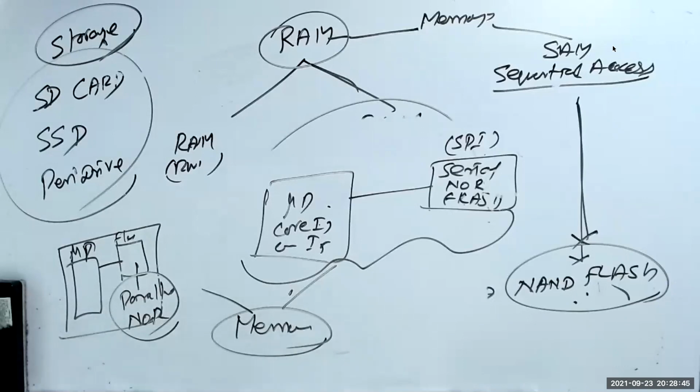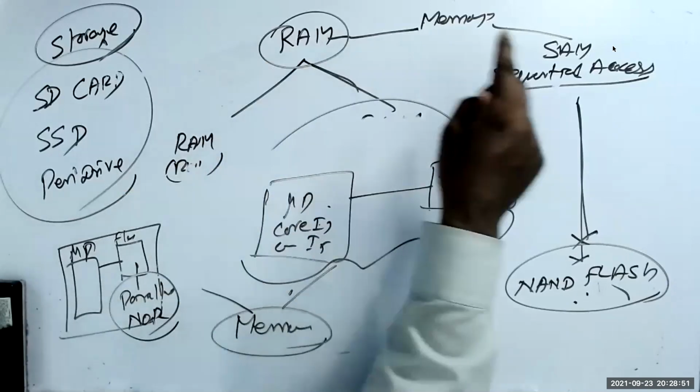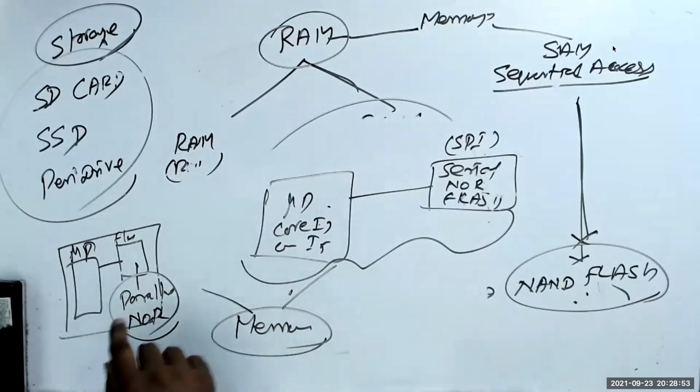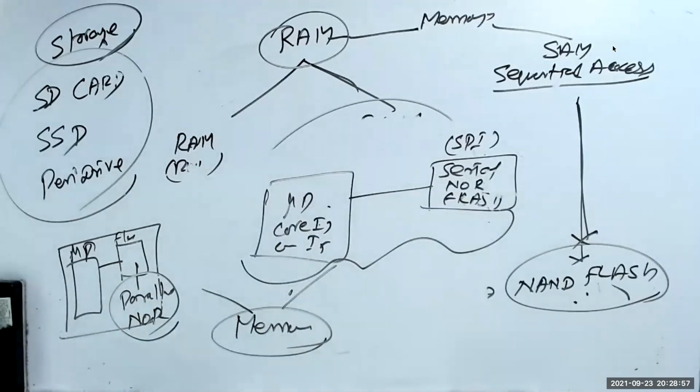That time you should tell him that NOR flash is random access, NAND flash is sequential access, and also in NOR flash there are two types: parallel NOR flash and serial NOR flash. That's it. That guy will be amazed. You are very clear, man. Why would that guy not select you? They are looking for an embedded engineer.